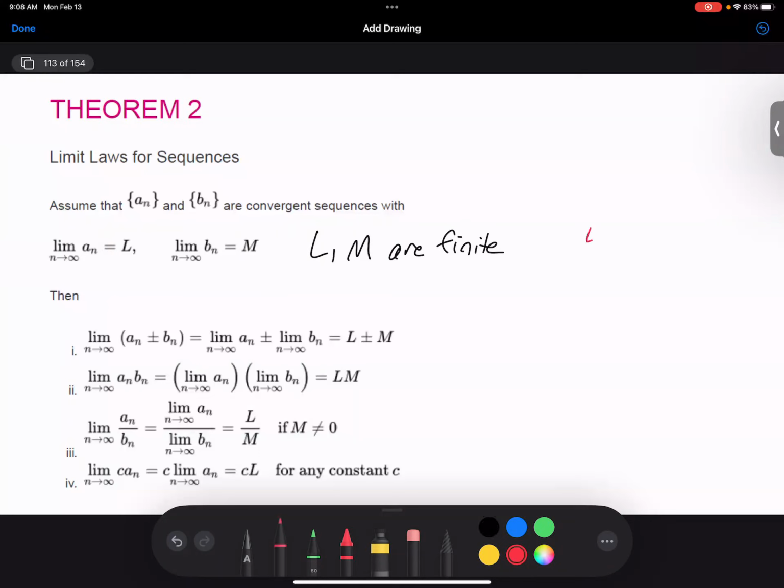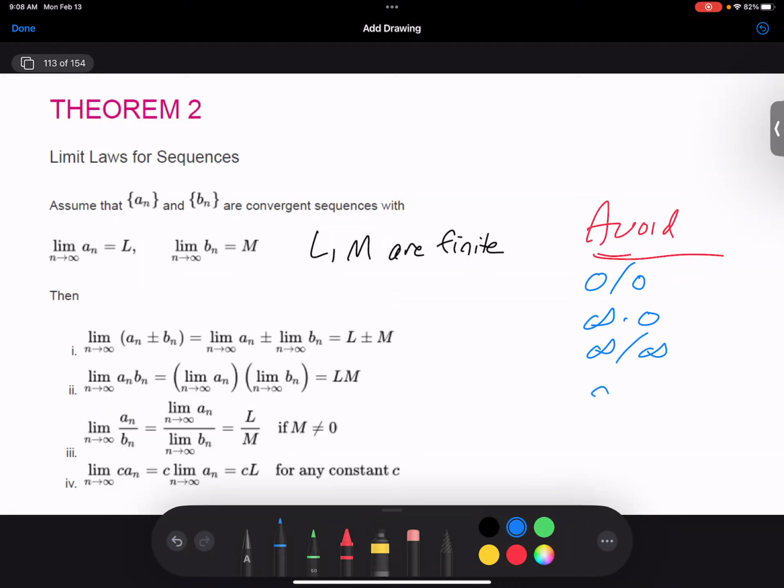What are the things we must avoid? What are the expressions we are not allowed to look at? 0 over 0, that's a no-no. Infinity times 0. Infinity over infinity, one more.